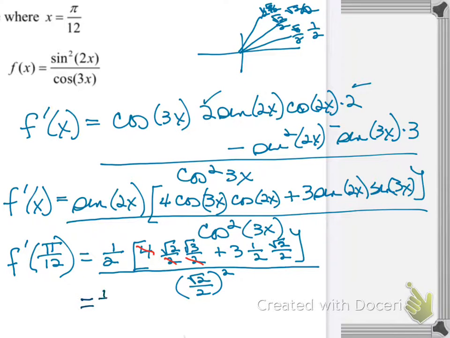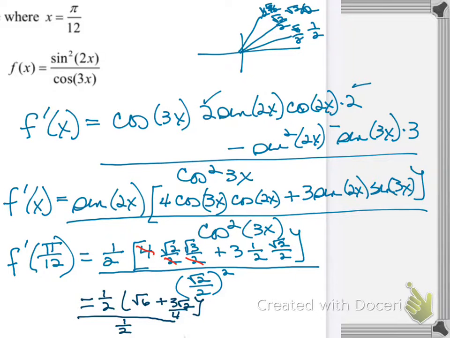Well, we'll keep the 1/2 out here, and then we will say radical 2 times radical 3 is radical 6 plus, so I have 3 root 2 over 4, okay, and then this whole thing is divided by root 2 over 2 squared, so that's 2 over 4, which is also 1/2.